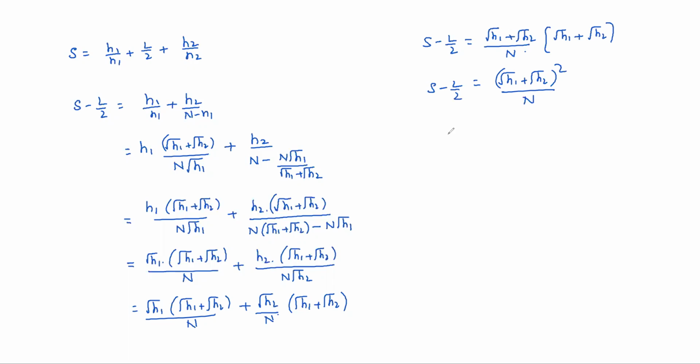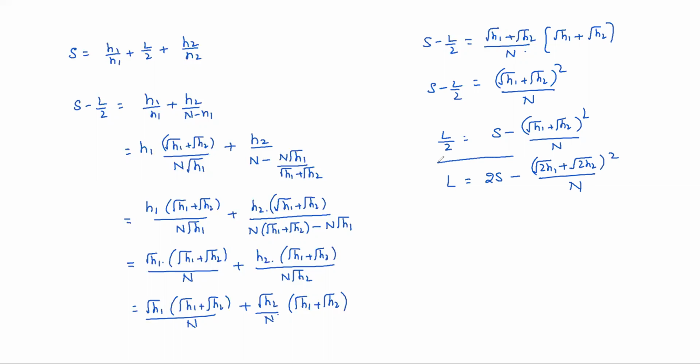So S minus L by 2, or L by 2 equal to S minus root h1 plus root h2 whole square by n, or L equal to 2S minus 2, if you take inside, root 2h1 plus root 2h2 whole square by n. This is the formula for second case. L is less than S means this is the formula. You should remember this.